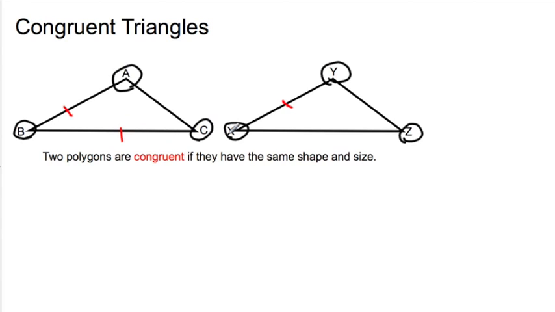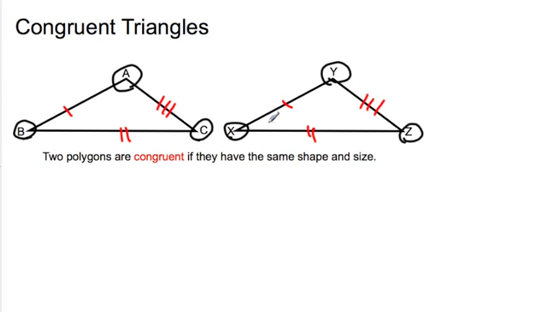BC is identical to XZ, and CA is identical to ZY. And these lines are just showing which sides are identical to each other.